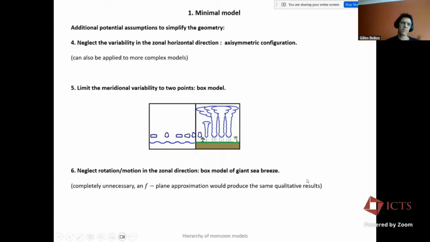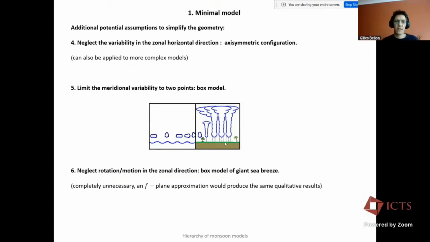And then if you neglect either rotation or motion in the zonal direction, then you remove all circulation that's perpendicular to the plane of this schematic here.